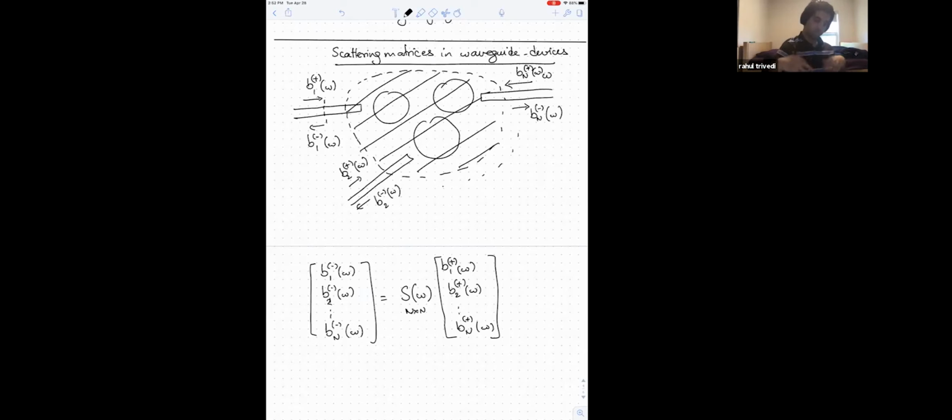But what we would do in the next class is say that, even if you don't really think about solving Maxwell's equations, there are three properties of the scattering matrix that you can expect to hold just because the fields inside solve Maxwell's equations.